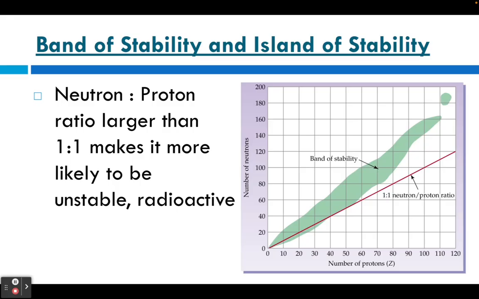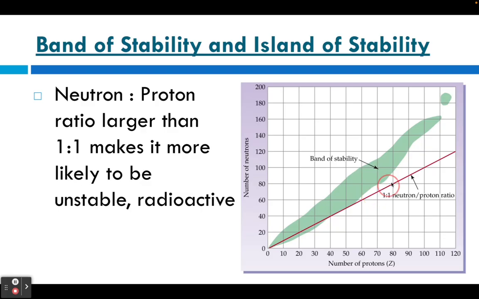So here is a diagram or chart showing what is called the band of stability or island of stability. You'll see here this band of stability, this green part here. What that is showing you is that any isotopes or atoms in this area are stable. Anything outside of the band of stability is not going to be stable.